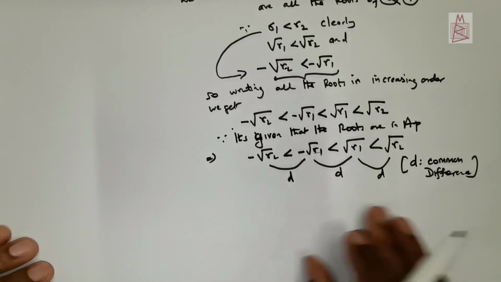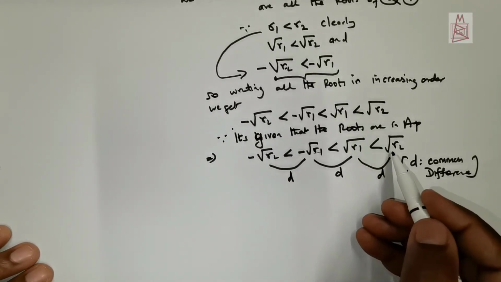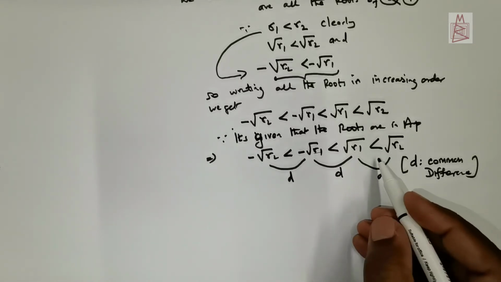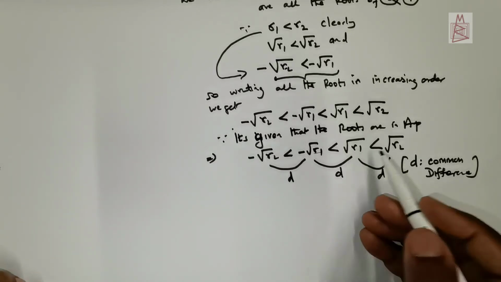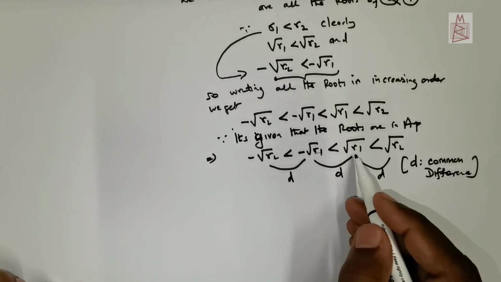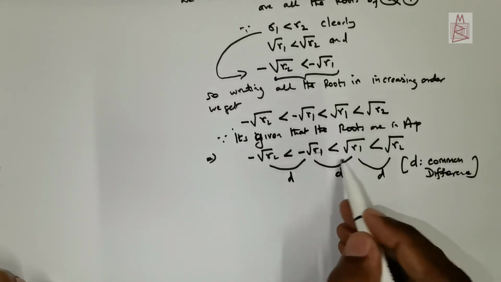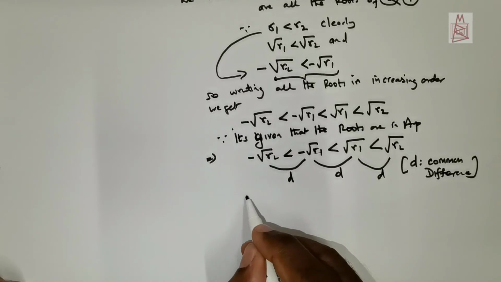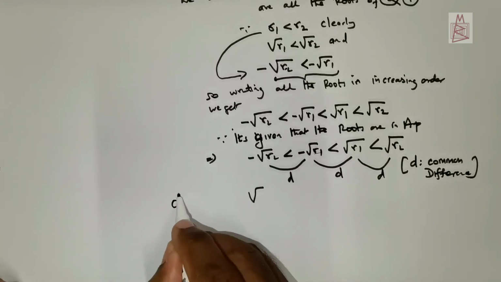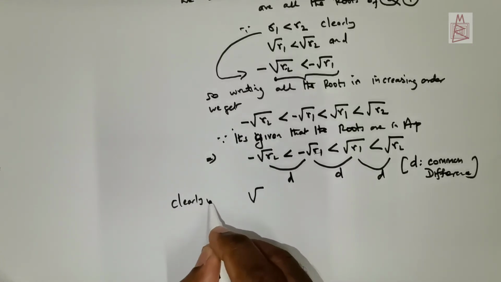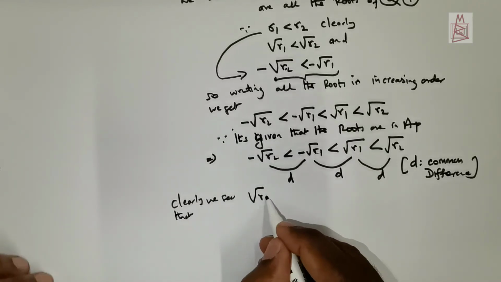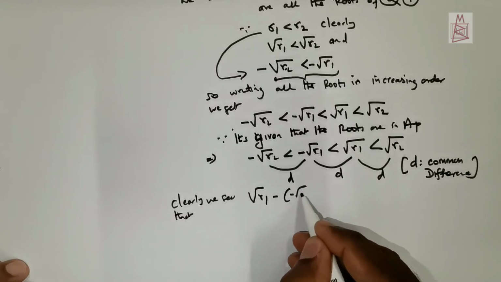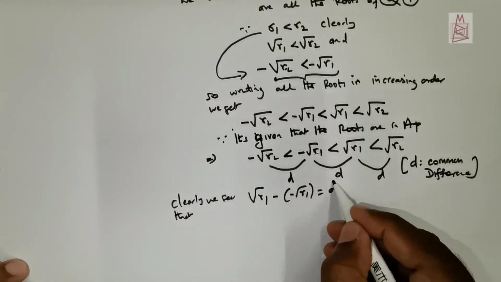Now, having obtained the common difference, clearly if I were to take the quantity, in other words the difference between R1 and R2, I will connect these two quantities. Root of R1 minus negative root of R1, that common difference is given to be d.